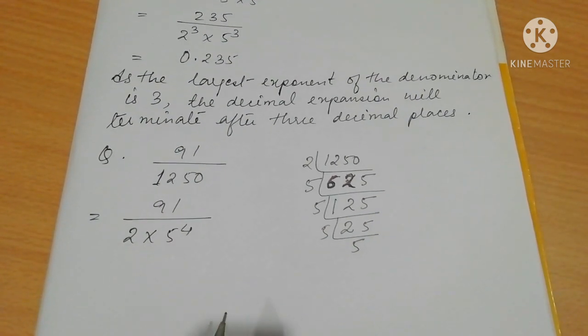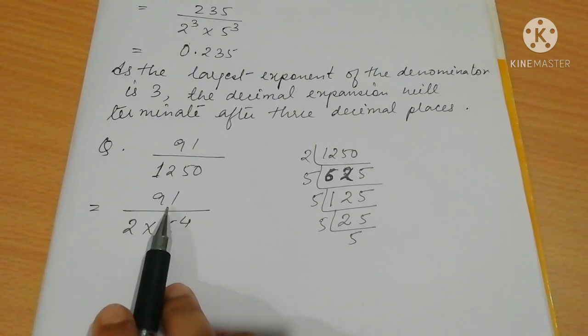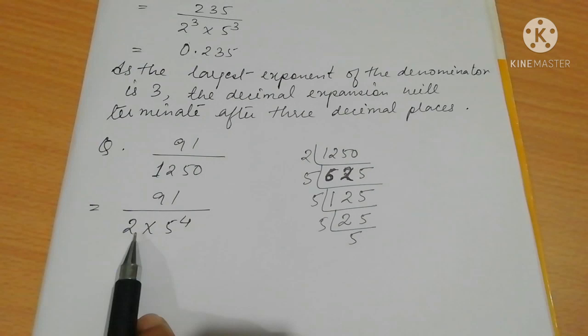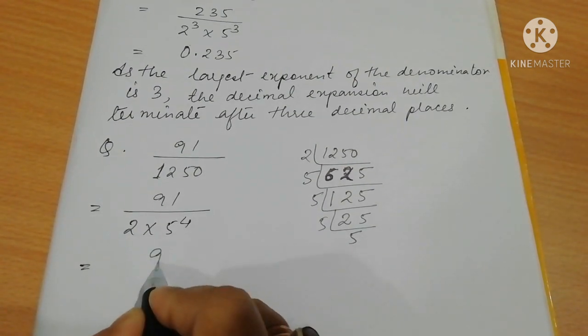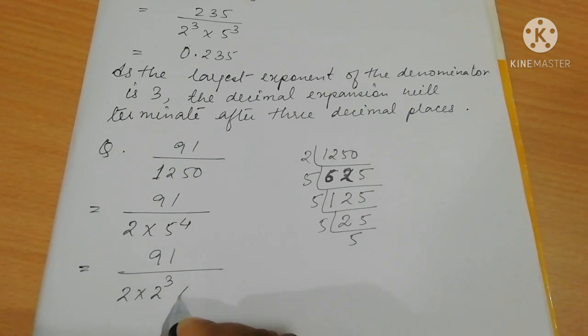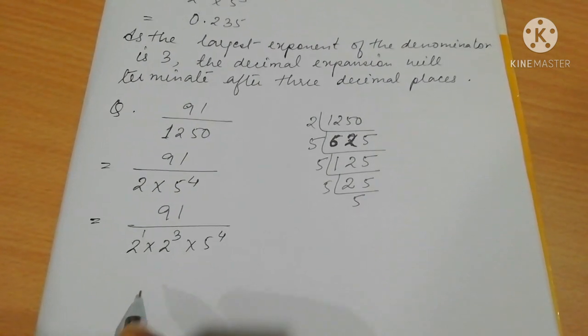So which is the largest exponent here? In the denominator, 4. That means this number will terminate after 4 decimal places. But we need to make the power same, right? So there are 4 5s here and 1 2. That means 3 more 2s have to be multiplied. That means I write 91 by 2 into 2 to the power 3 into 5 to the power 4. 3 and 1 will become 4.